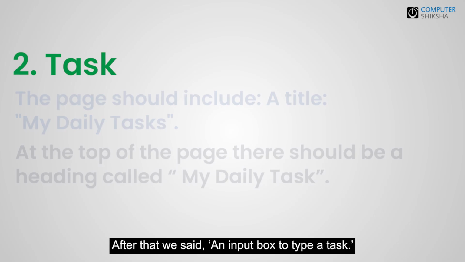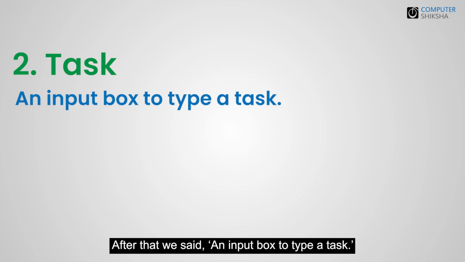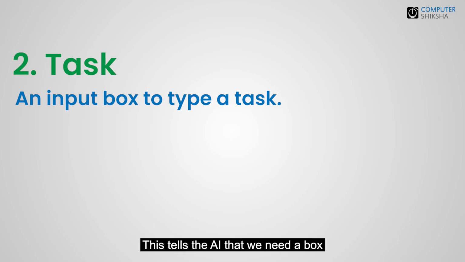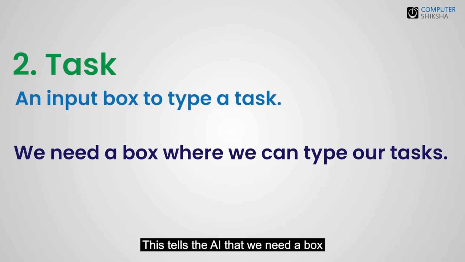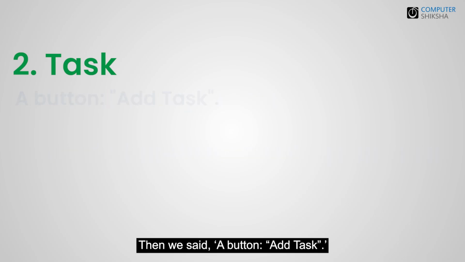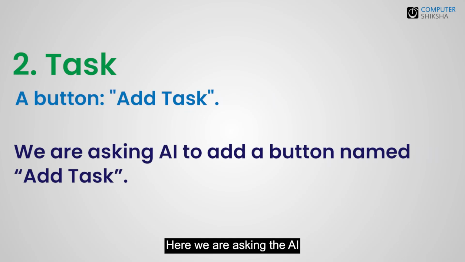After that we said, an input box to type a task. This tells the AI that we need a box where we can type our tasks. Then we said, a button, Add Task. Here we are asking the AI to add a button named Add Task.